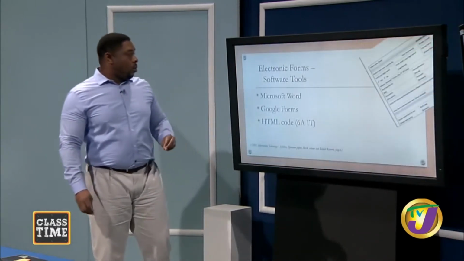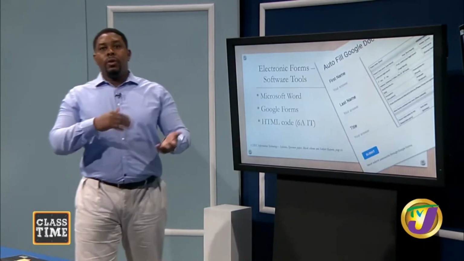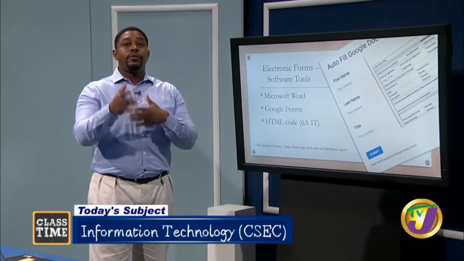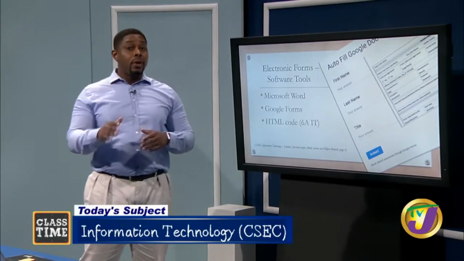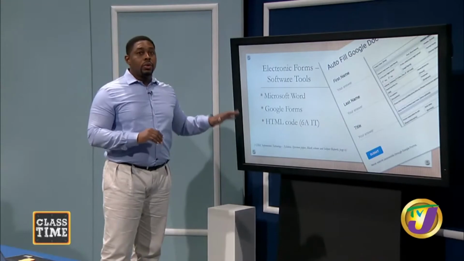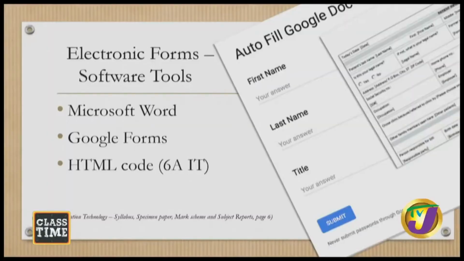So we now want to move away from paper and create what are called electronic forms. And these electronic forms can be created in Microsoft Word, Google Forms, or HTML code. There are a ton of other places on the web that you can get forms from.